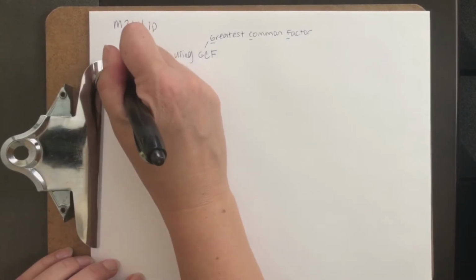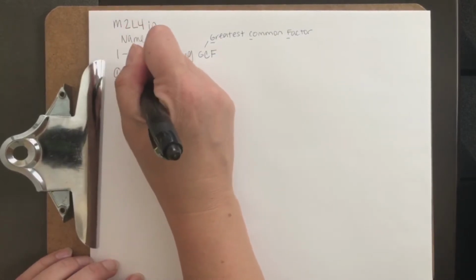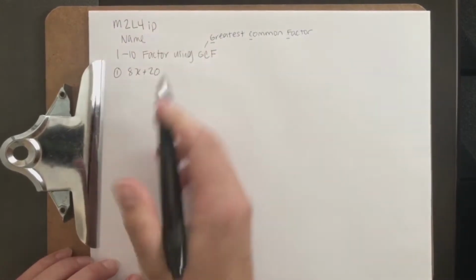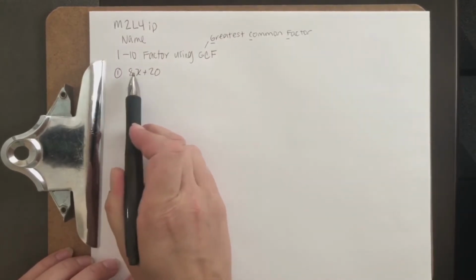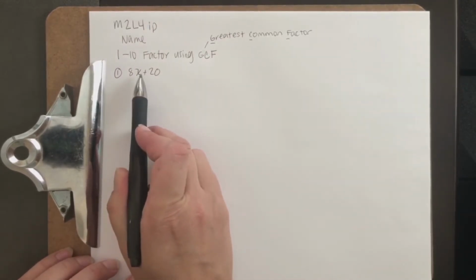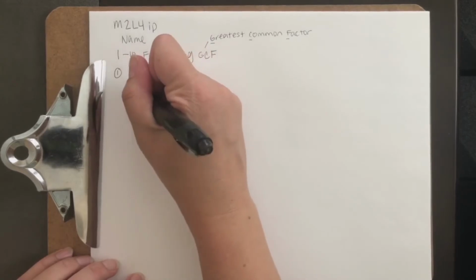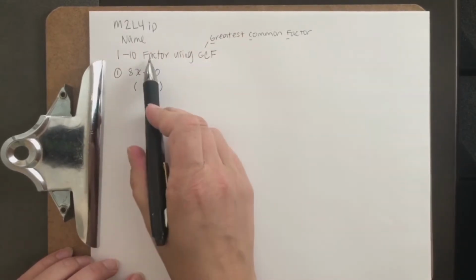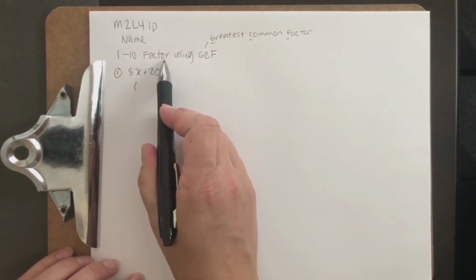Let's do number 1. 8x plus 20. So what can we pull out from both of these in order to reverse distribute, otherwise known as factoring?